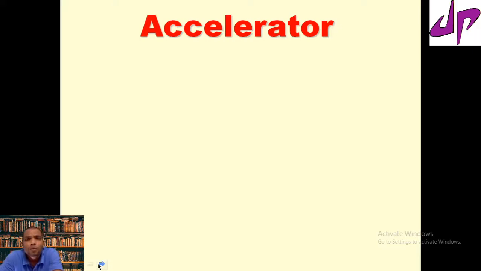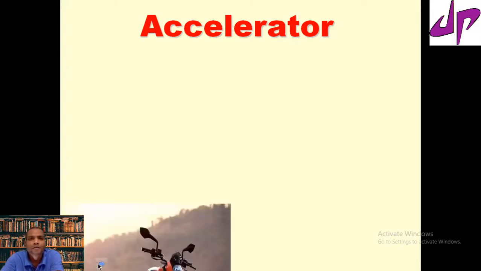To know much more about acceleration, let's know about the accelerator. We know this component in almost all motor vehicles.